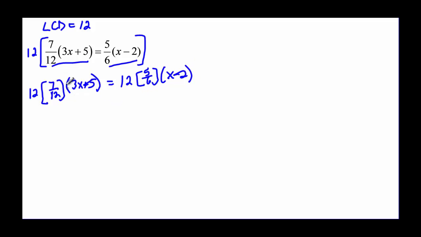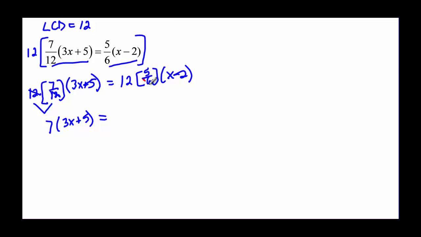Okay, here's my 7 twelfths times 3x plus 5. But the reason why I put this in parentheses is because, remember, we can multiply two things at a time. So I'm going to take these first two, because my 12's become a factor of 1, and now I have 7 times 3x plus 5. And again, I can reduce this 6.